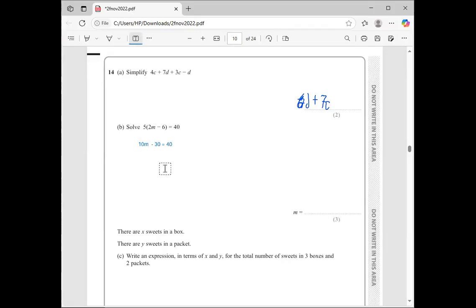Okay. So what are we going to do next? Rearrange. Or collect like terms, same thing. 10m. This guy is moving to the other side to become what? Plus 30, right? Okay. 40 plus 30, yeah. Okay, hold on.